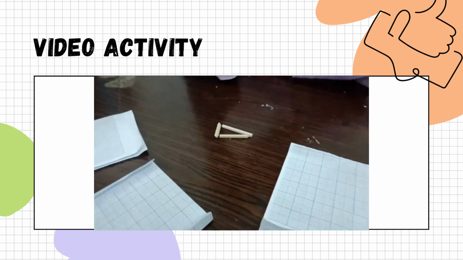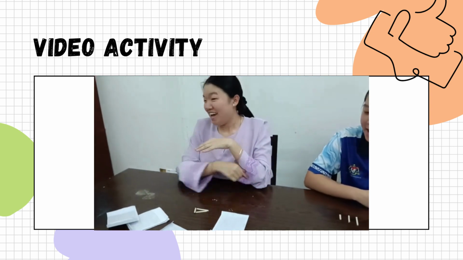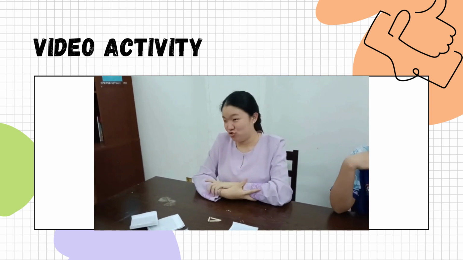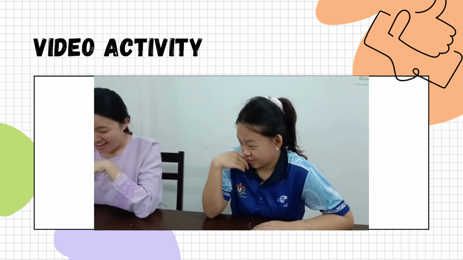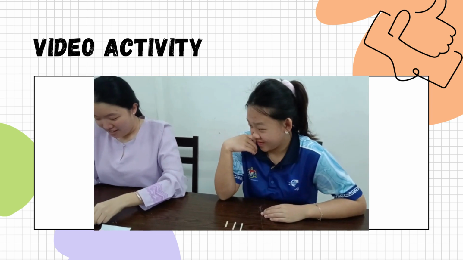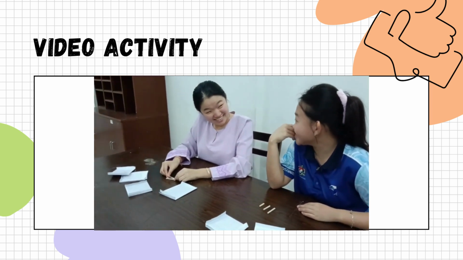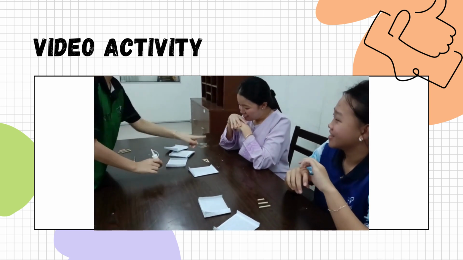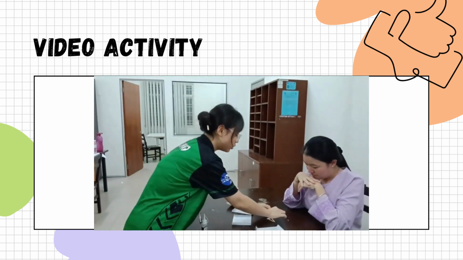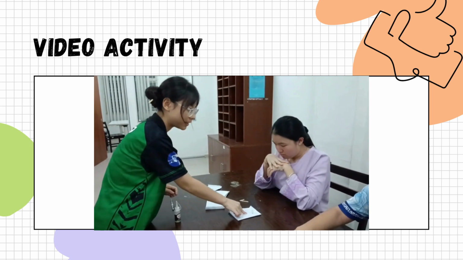Wow. Is this is the triangle? Yes, absolutely yes. Why? Because it has 3 sides. And Different angle. different angles. And Okay, so built by 3 sticks. okay, never mind. After you build this, right, and you need to paste on the paper.